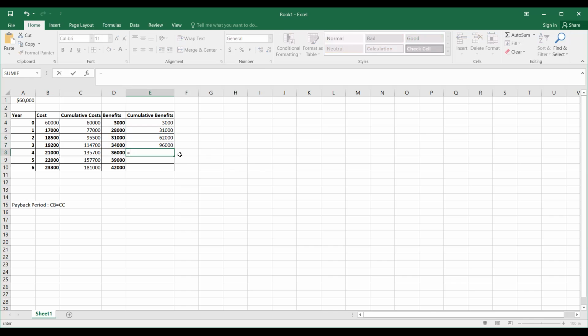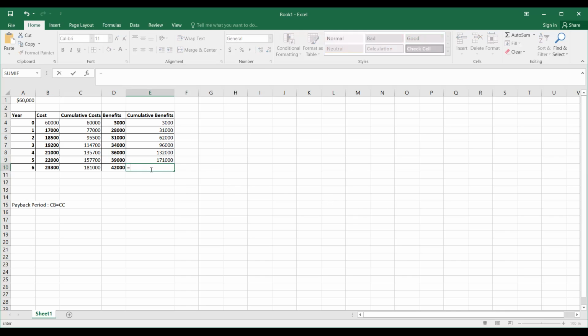Next up is 96,000 plus 36,000, which gives you a value of 132,000. After that, your total benefits derived all the way till the 4th year, you add the new benefits value for the 5th year, which is 39,000, giving 171,000.